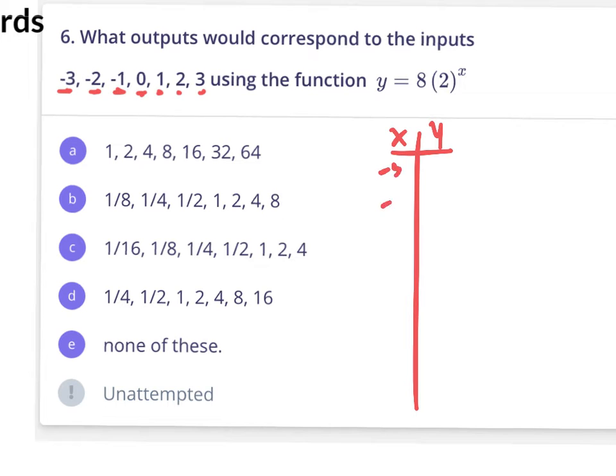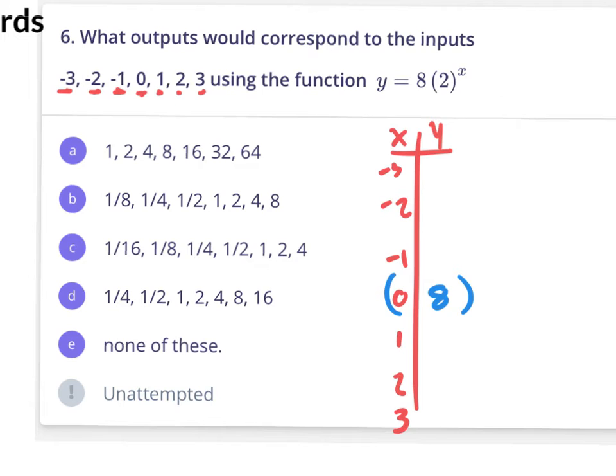And then what did we do after that? We would use the easiest input, 0, and we would plug it in right there. 2 to the 0 is 1, and then 1 times 8 is 8. So we're going to put an 8 right here. The input 0 gave us the output 8, and that was pretty easy to do.